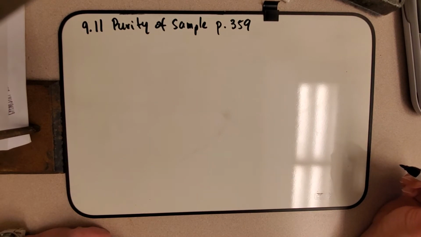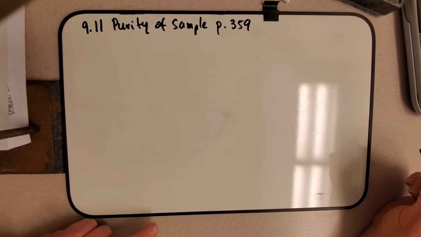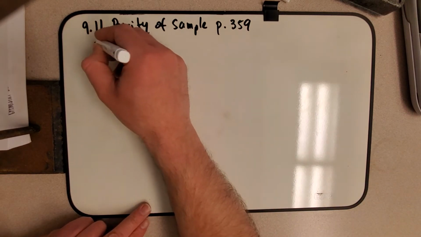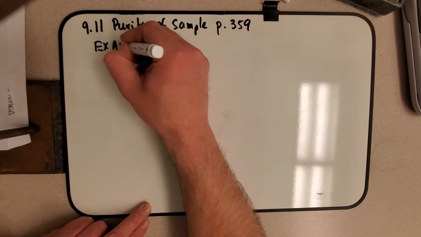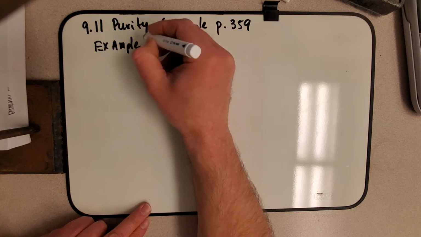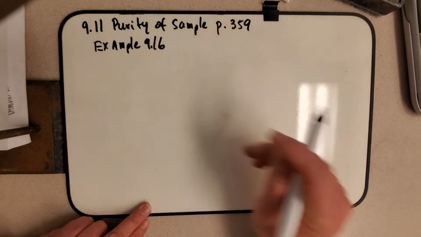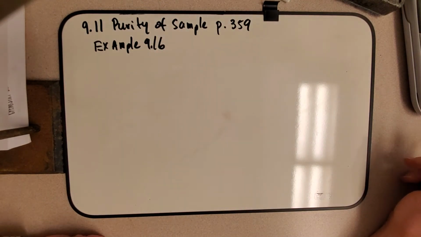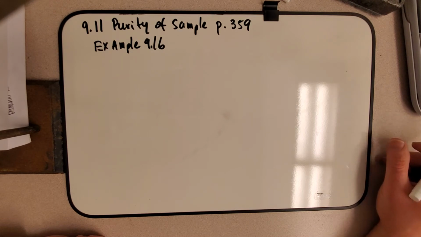For example, let's solve example 9.16, and then you will see what I mean by something that is impure, and how to calculate how much of the pure substance is in the sample, in terms of grams or percentage of the impure sample.